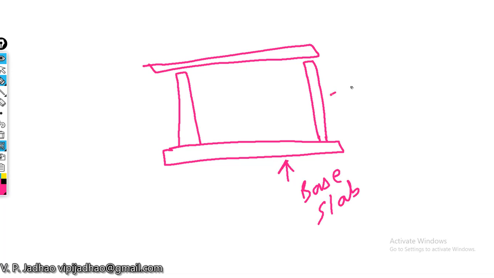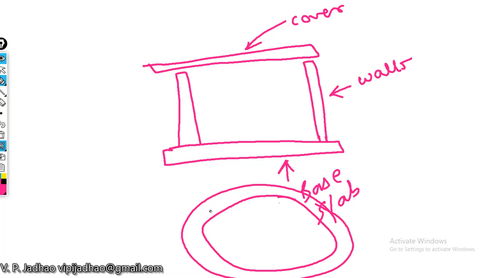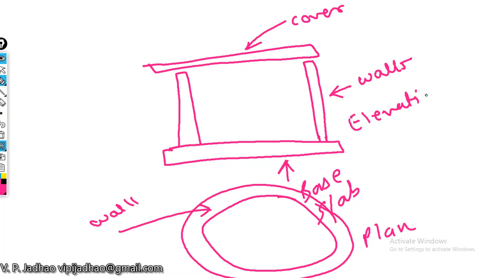Then we have the walls of the water tank, and then we have the cover. If you see in plan, this will be something like this, this will be your wall. This is in plan and this is in elevation. So these three parts are there.